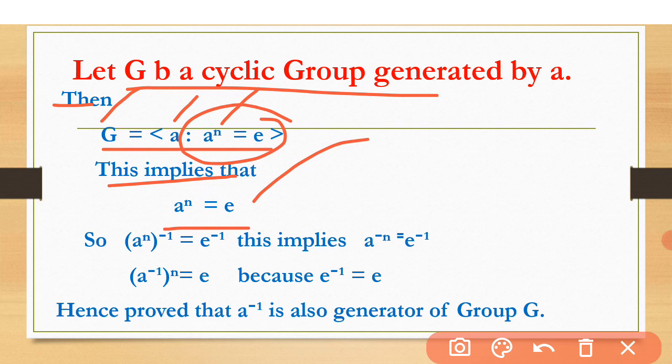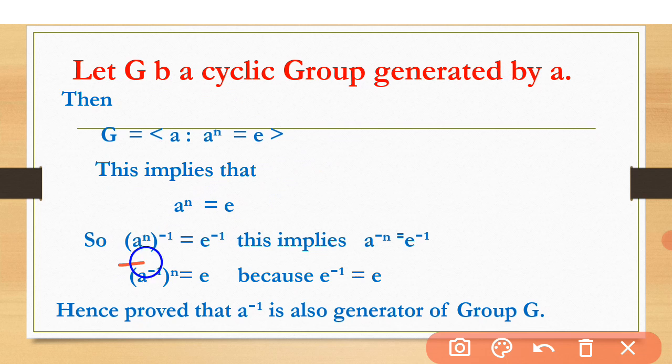Now, if A raised to power n, raised to power minus 1, will be equal to E raised to power minus 1, this implies that it can be written like that: A raised to power minus n is equal to E raised to power minus 1, the inverse of the identity element.